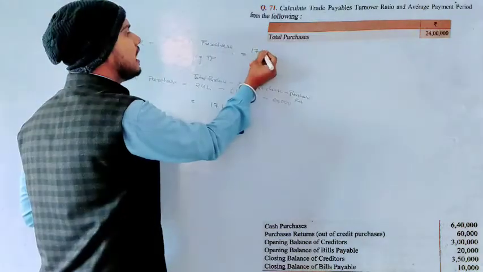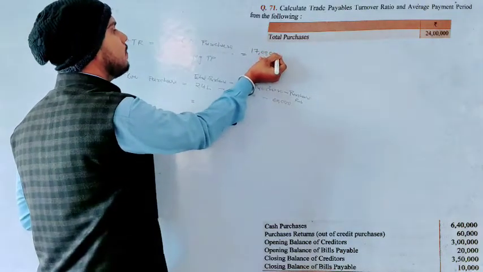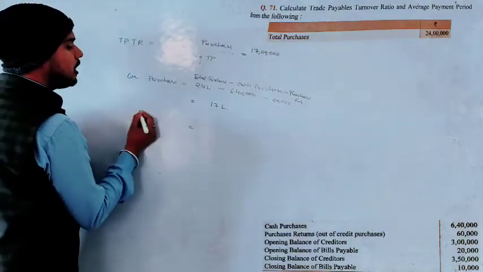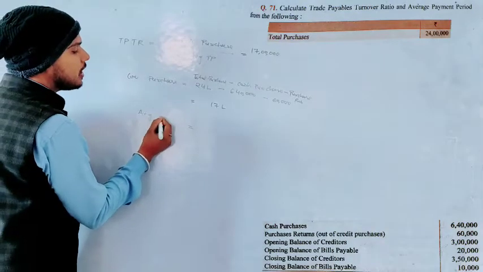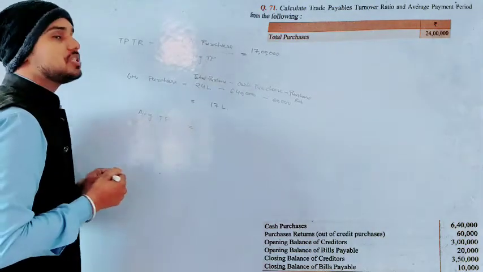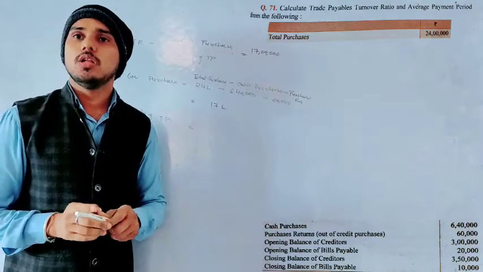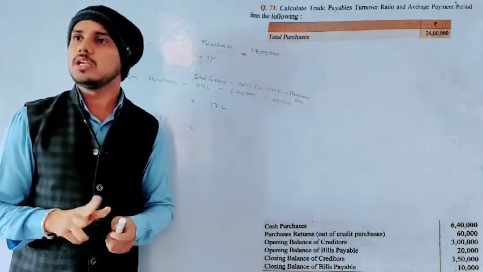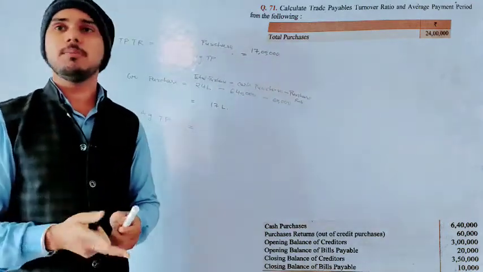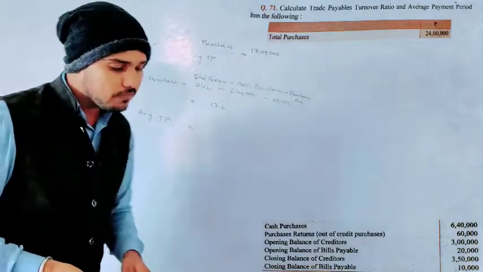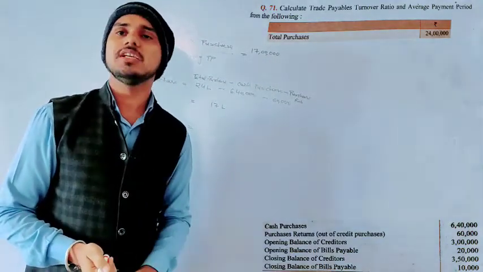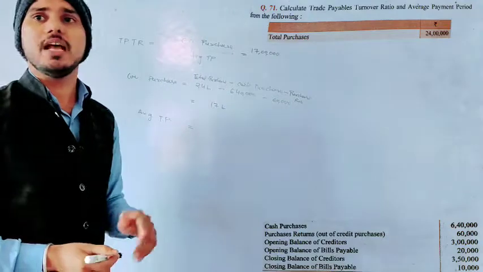We need average trade payable. Now average trade payable means opening trade payable plus closing trade payable by 2. Now in trade payable we have two things, creditors and BP both. If you see, everything is given, like creditors and BP, opening as well as closing.